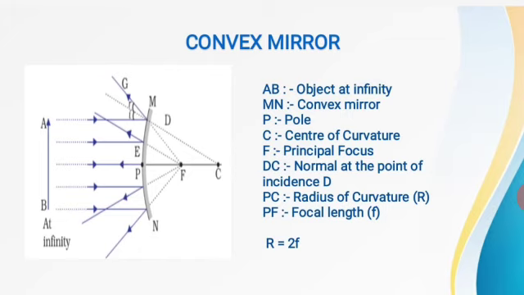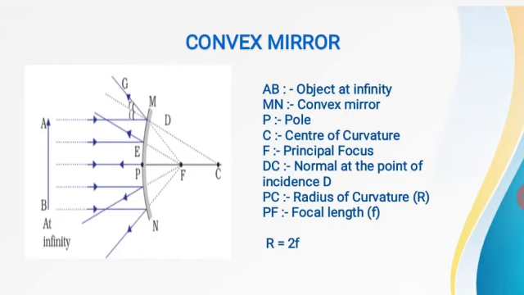When light comes from such an object at infinity, it comes as parallel rays of light, which is shown by the horizontal lines parallel to each other. These blue lines have arrows which imply the direction of propagation of light. These rays come and fall on the mirror surface. When it falls at one point, say D, the point of incidence, we have to draw the normal.